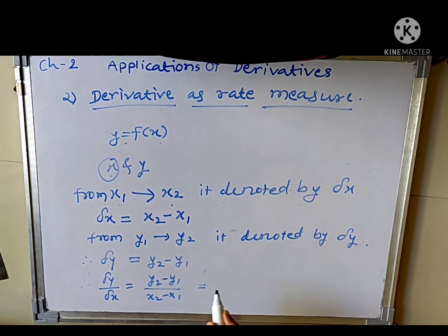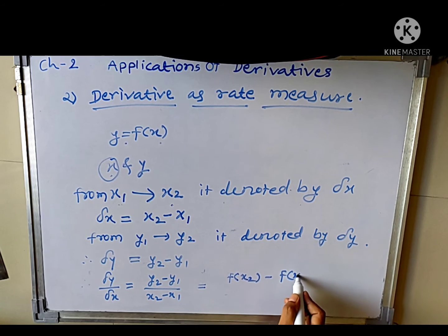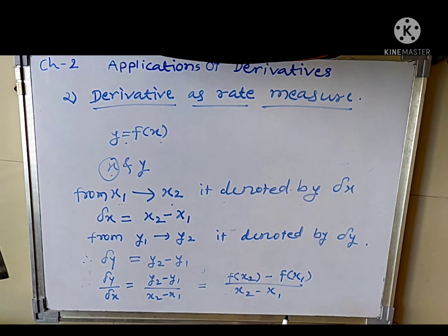Or you have to write here y2 means what? f of x2 minus f of x1 upon x2 minus x1. It is said to be the average rate of change with respect to x.